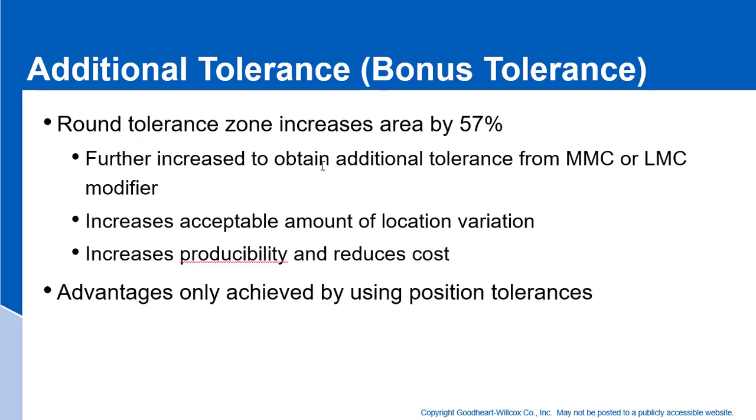It further increases to obtain additional tolerance from MMC or LMC. If I have bonus tolerances, I can pick up more. It increases the acceptable amount of location variation, increases producibility, and reduces costs. These advantages are only achieved by using positional tolerances.